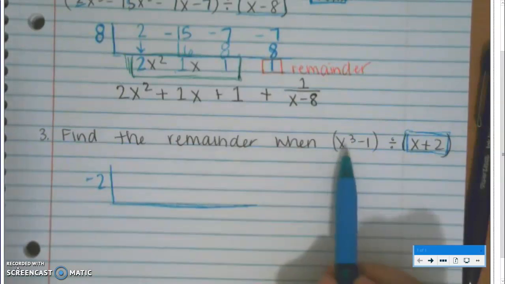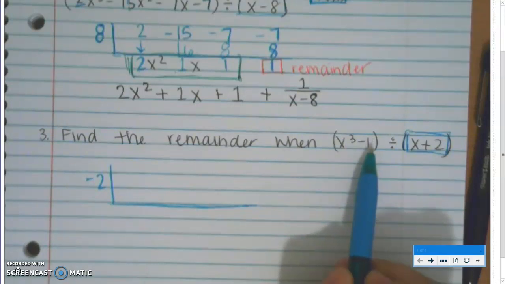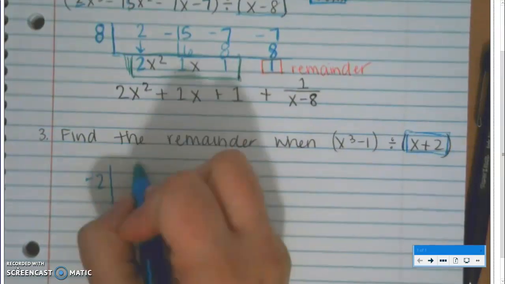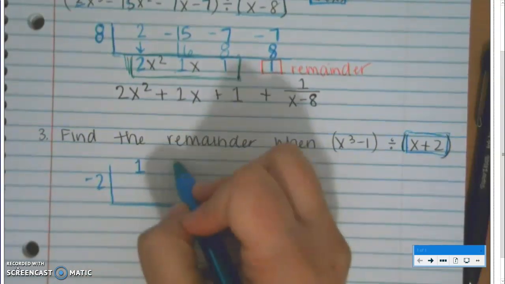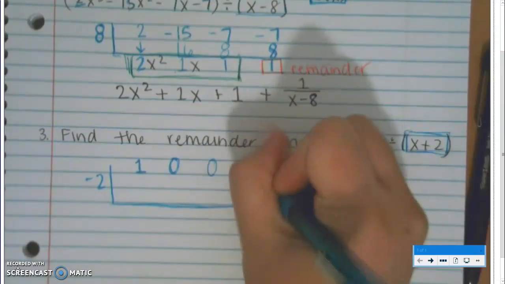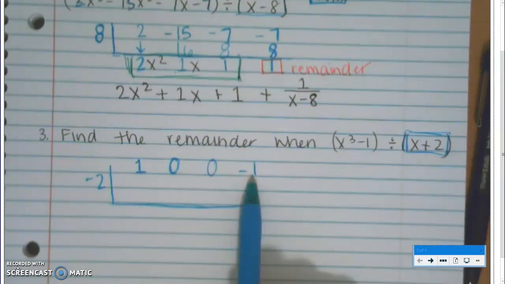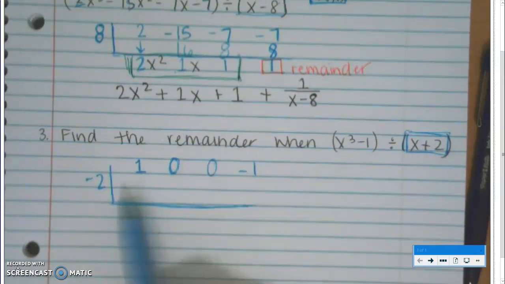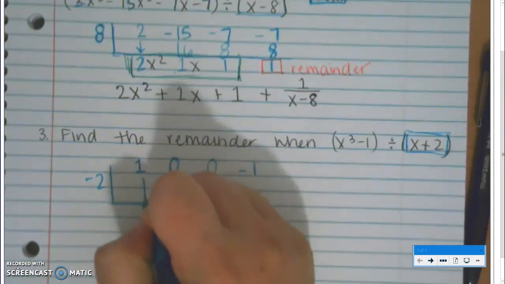Now, if I look here, I am missing quite a bit of x's. It goes from x cubed all the way down to the constant. So there would be a 1 in front of there. I have no x squared term, I have no x term, and then I have the negative 1. So x3, x2, x1, x none. And now I can make sure that I have no more missing spots, and I can go ahead and start.